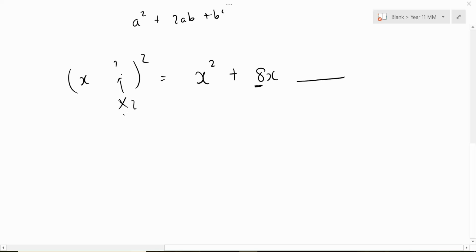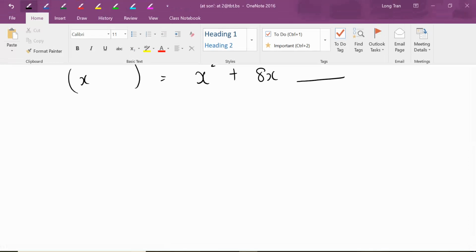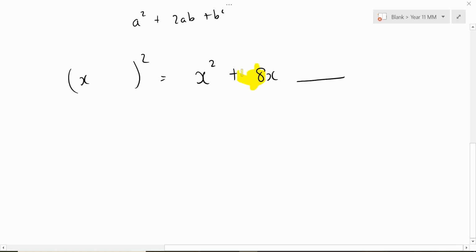Should it be double something to give you positive 8? Now hopefully at this point you would have figured out that the number that has to be here must be positive 4. True? Because double positive 4, I'm just following this formula, 2 times a times b, should give me the 8.